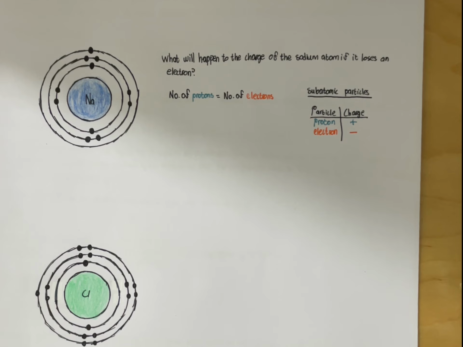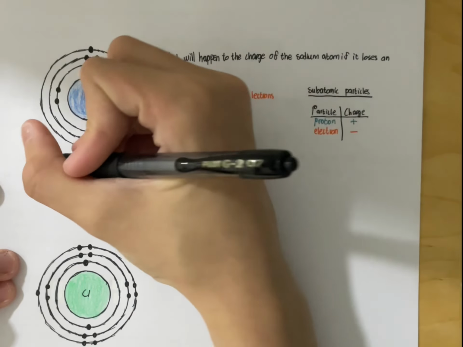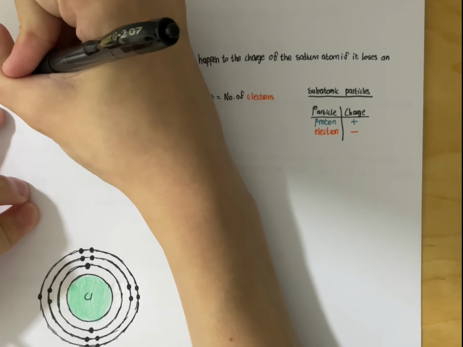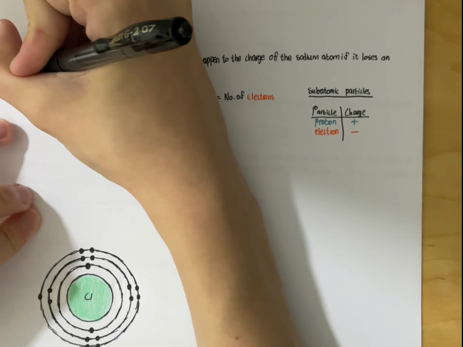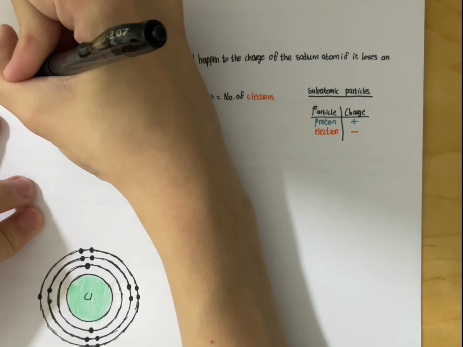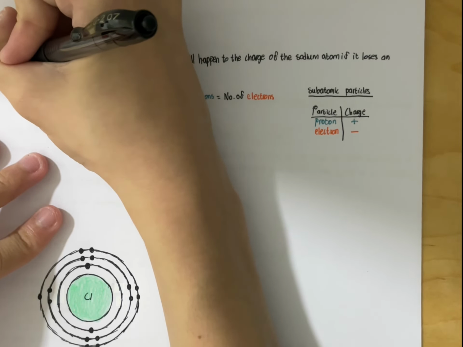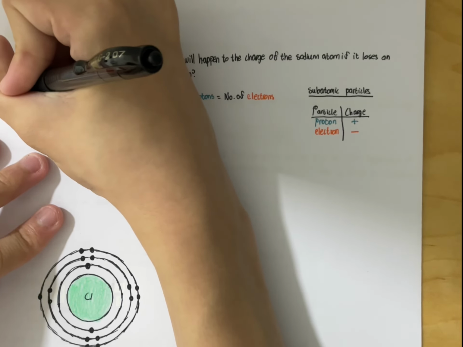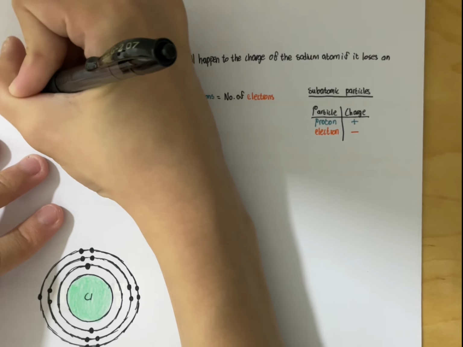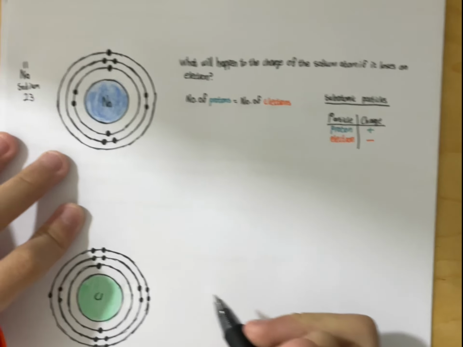Let me show you. For sodium's case, I'm just gonna use P and E to represent protons and electrons. So sodium, let me write this down: Na, sodium 11, 23. I hope you can see that.